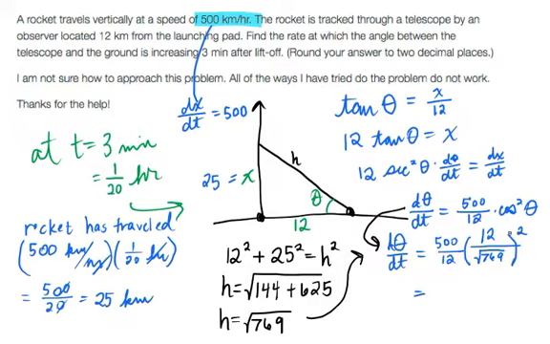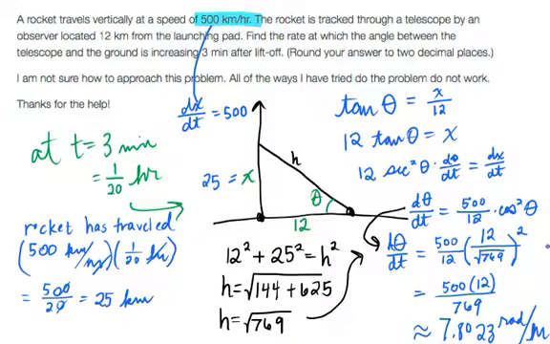There's 12 squared in the numerator divided by 12 in the denominator, leaves me with a single 12 in my numerator over 769 in my denominator. We can leave it like that, or we can approximate. 500 times 12 divided by 769 is approximately 7.8023. The units here are radians, that's the rate of change of theta, per hour was our units on time.